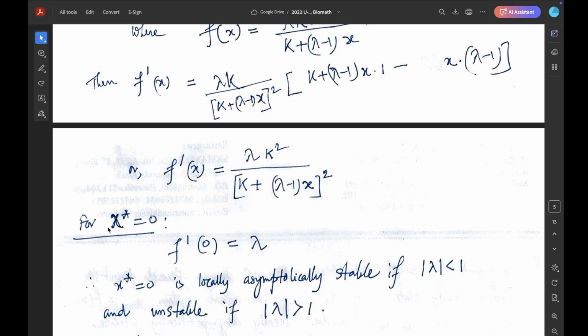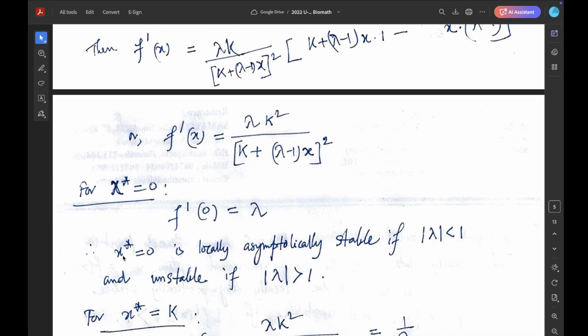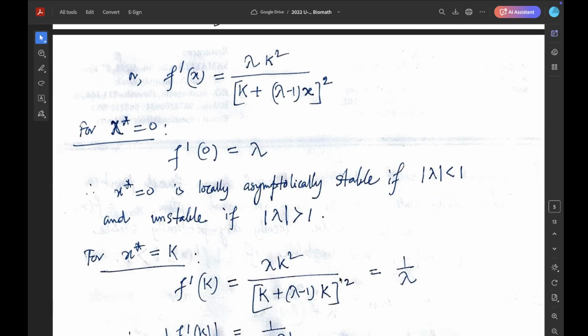For the critical point x star equal to 0, put x star equal to 0 here, so f dash 0 equals lambda. So the steady state x star equal to 0 is locally asymptotically stable if modulus of lambda is less than 1, and unstable if modulus of lambda is greater than 1.